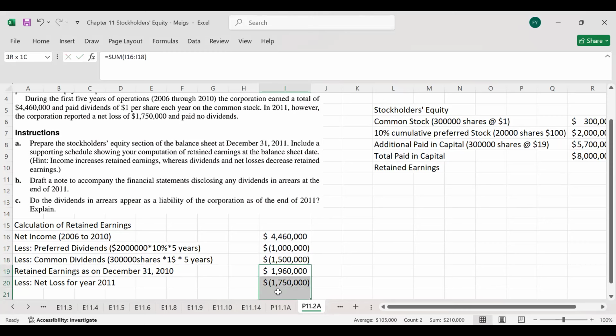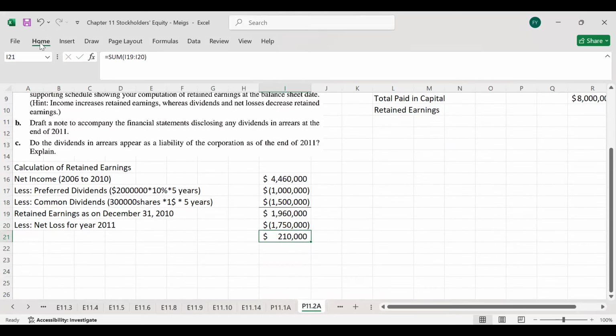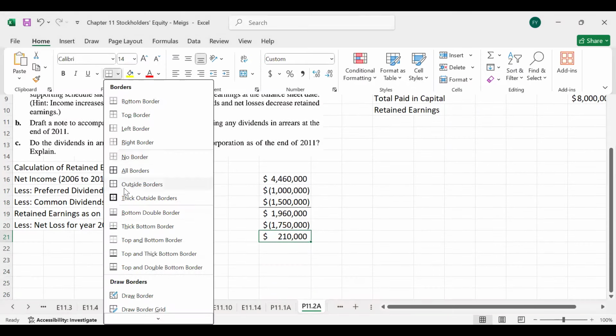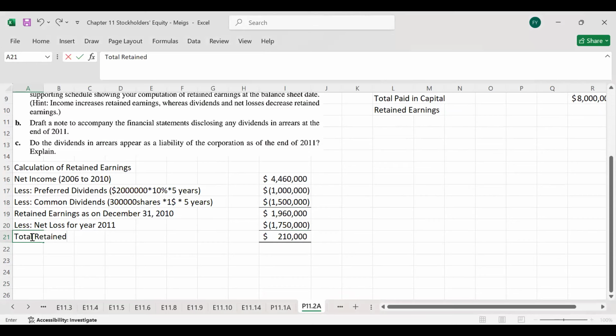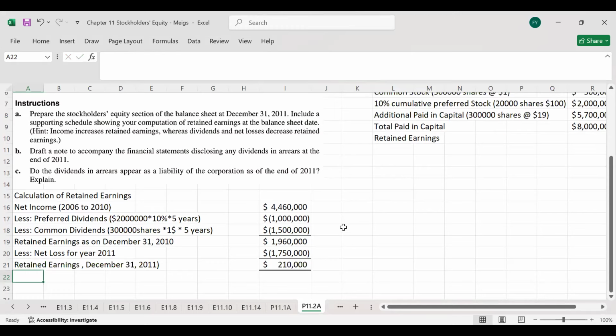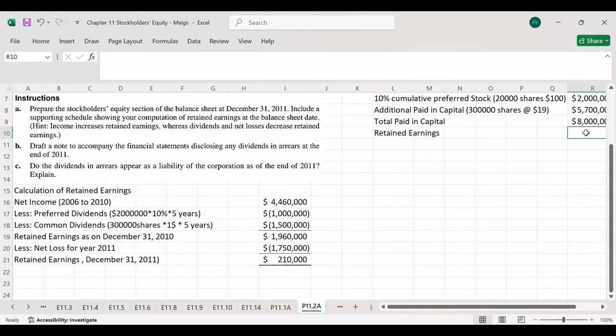So our total retained earnings as on, here you can see, retained earnings. There's no need to write down the word total. So retained earnings as on December 31st, 2011 would be 210,000. So now we are going to present this retained earning in the equity section.